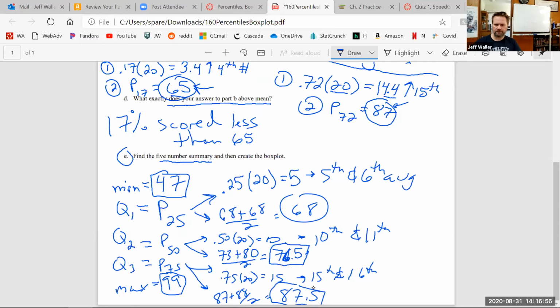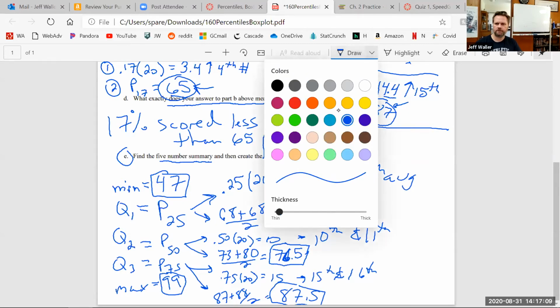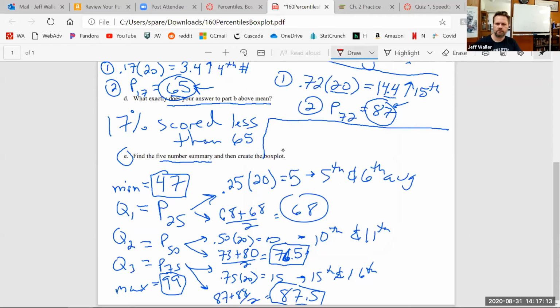I have left myself no room for my box plot. I'm going to have to put it up here, in some different color. So we'll put the box plot in red.